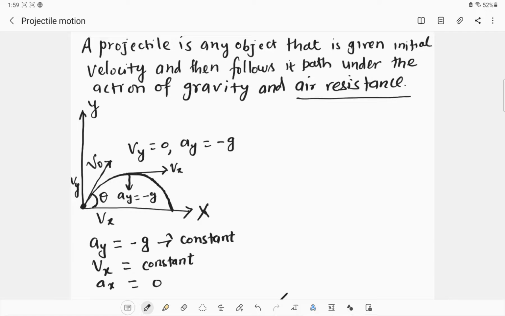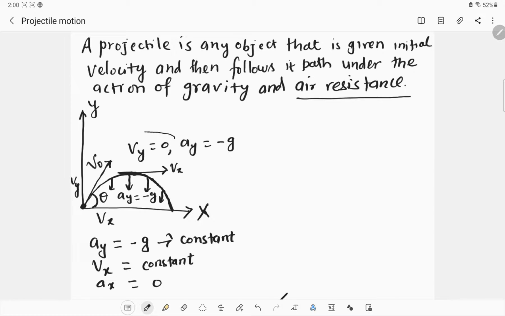These are the few things you need to know before deriving the equations to find position and velocities. The other thing is that acceleration is always pointing downward in projectile motion, because acceleration due to gravity points towards the center of the earth, and it remains constant.